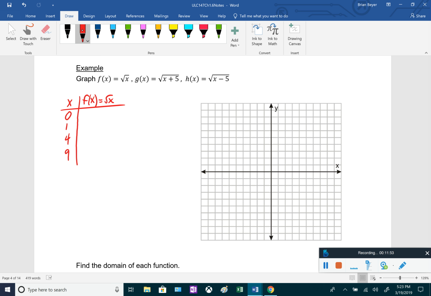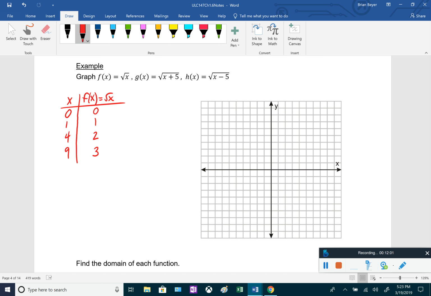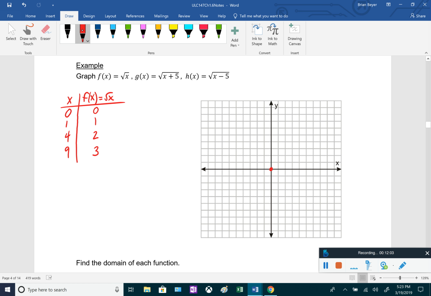So the square root of 0 is 0, the square root of 1 is 1, square root of 4 is 2, square root of 9 is 3. Now those are x, y coordinates, so we can plot those: (0, 0), (1, 1), (4, 2), and (9, 3). So it'll look something like that. Essentially half of a parabola on its side.